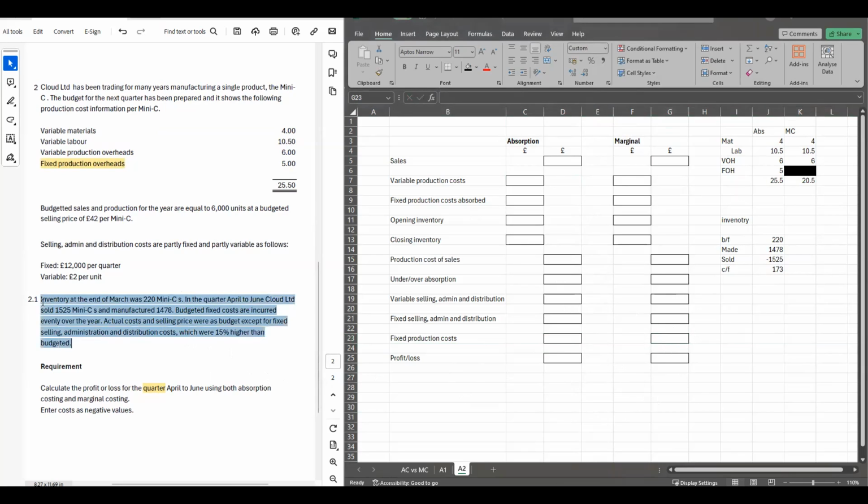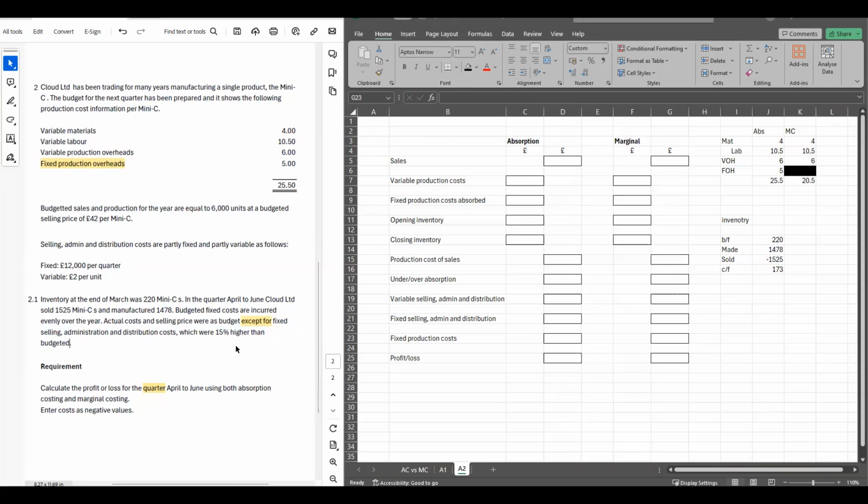Now, when you first read this question, it would appear potentially that they're missing something, or it's near impossible to answer because you haven't been given that actual fixed production cost. But very importantly, you have, and this comes back to the point I was reiterating in the previous question, which is that if you really focus in on what follows the except for, you'll see that there's no mention of fixed production costs after the except for.